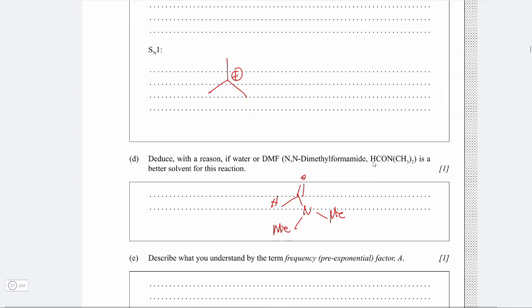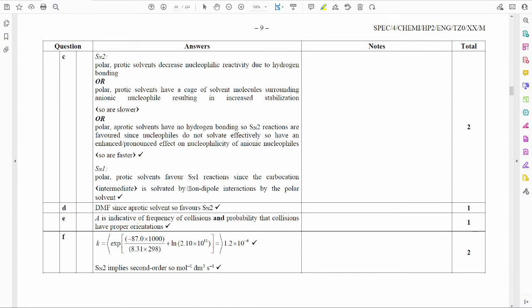DMF is supposed to be aprotic at least, while water is protic. This is of course aprotic, has no N-H or O-H, while water has two O-H bonds. So this is an SN2, which means that you want aprotic, which means that DMF would be a better solvent.